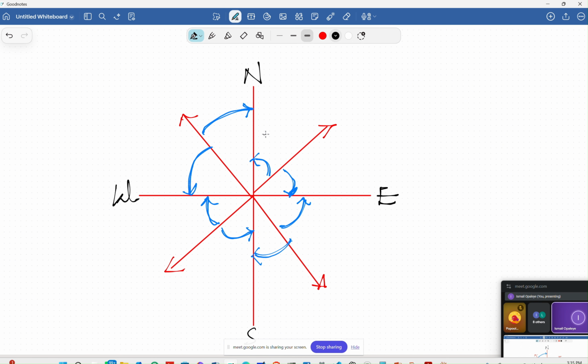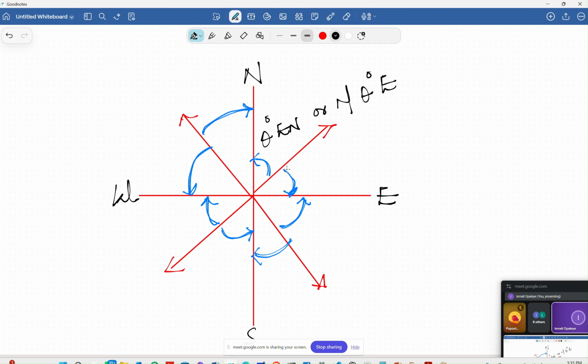So that will be east of north. So let me say theta degree east of north, or you can call it north theta degree east.